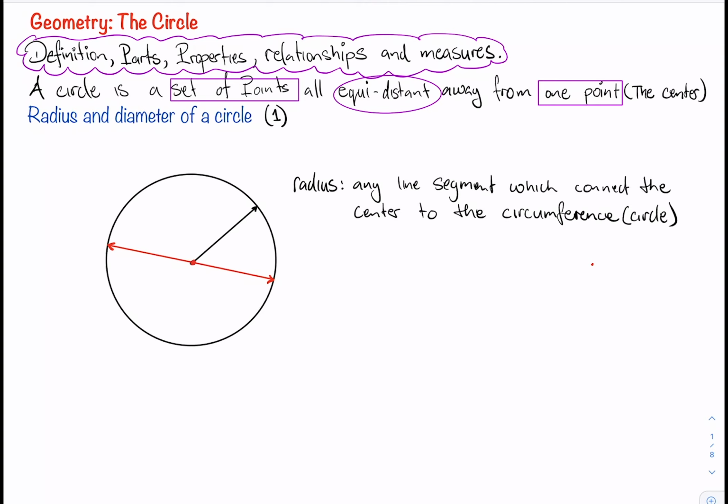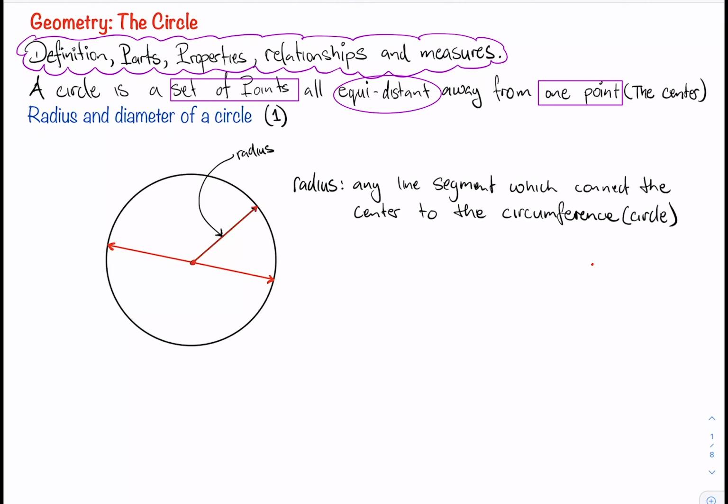Just to give some examples, I already have one radius right here. If we were paying close attention, we recognize that this line segment goes from the center to the circumference of the circle.